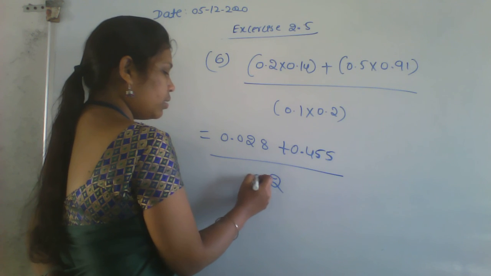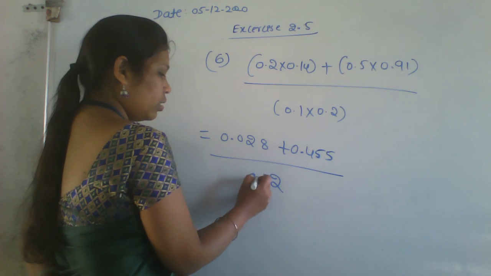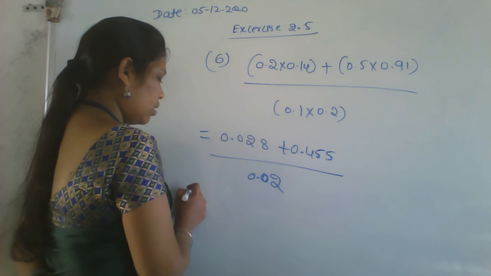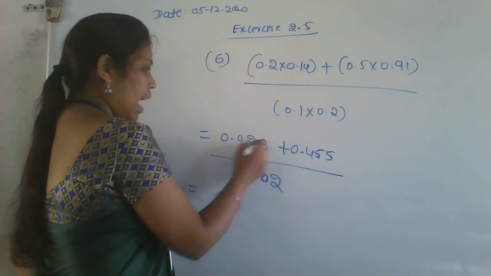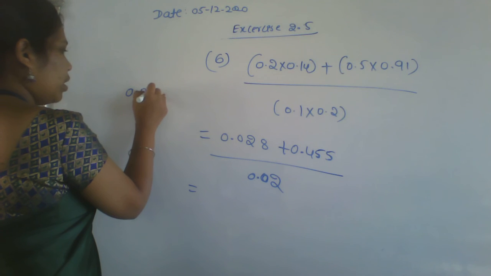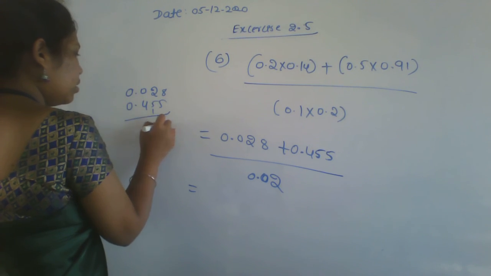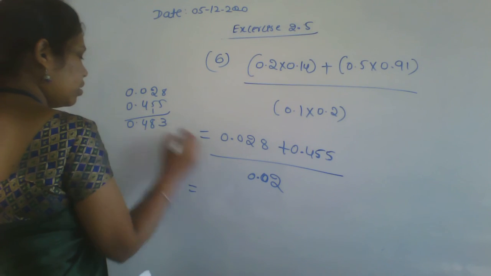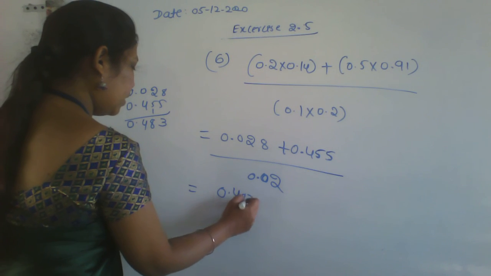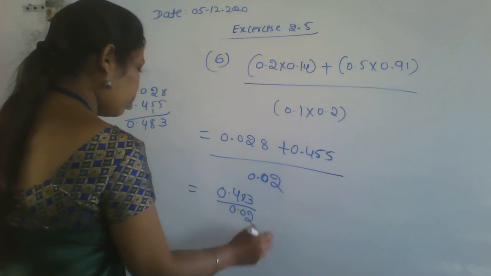Okay, next 2 ones are 2. After 2 numbers means 0.02. Okay, so here write, add these two numbers, 0.028 plus 0.455, so 0.483 divided by 0.02.